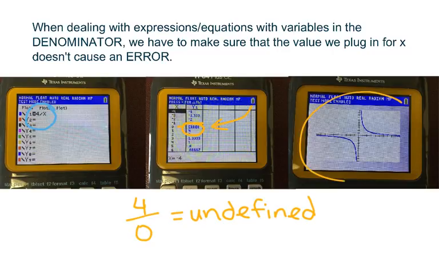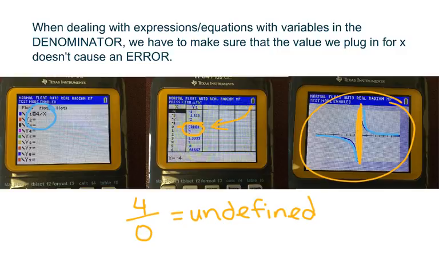Notice here on the graph, though, we've got two pieces of the equation. This piece and this piece are not touching each other. That 0 where the error is on the x-axis is that line right there that's going in between them.